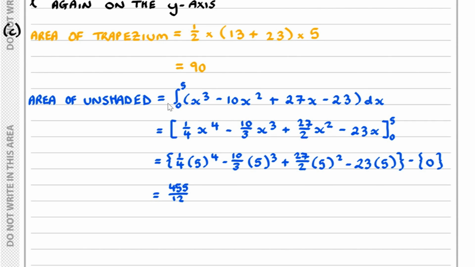And so therefore, the shaded area is equal to, well, we would have 90 minus 455 over 12.